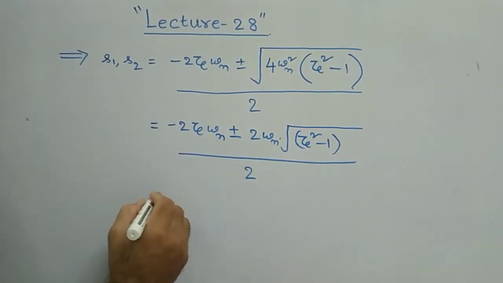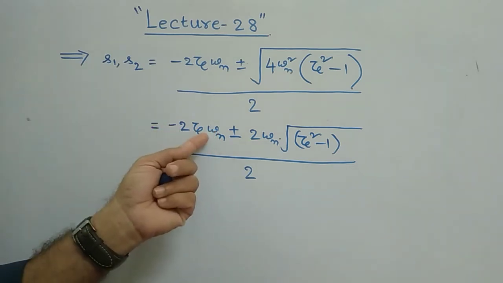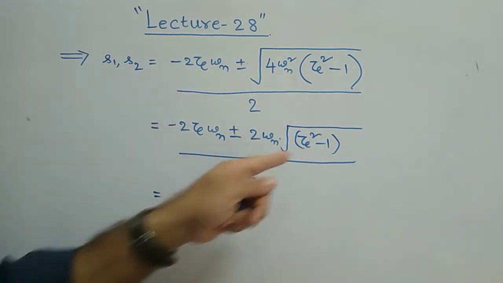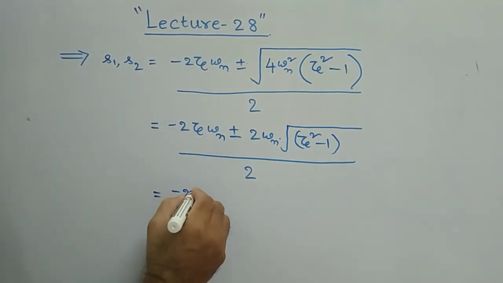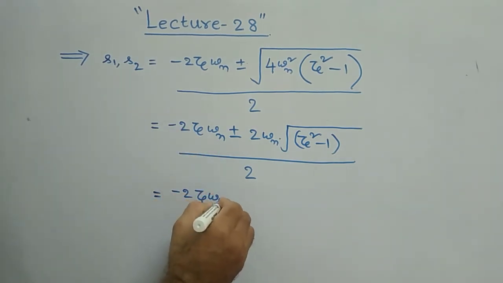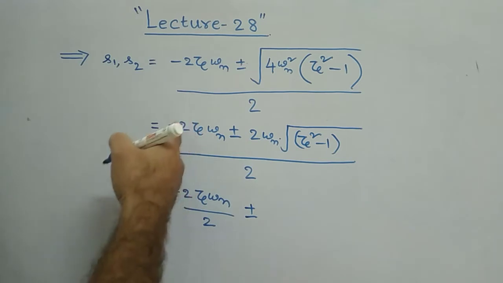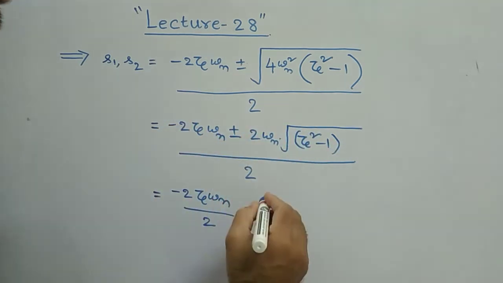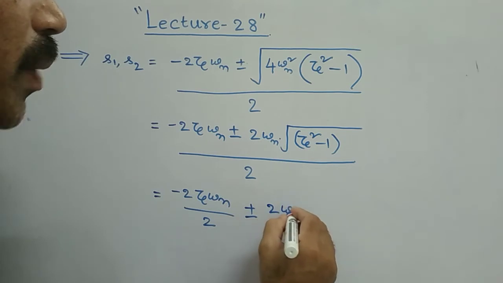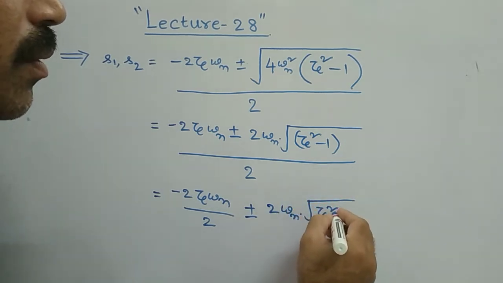And further, you can simplify that. So this is 2 zeta omega n plus or minus this, whole by 2. Now, this could also be written as minus 2 times zeta omega n by 2, plus or minus this entire by 2, meaning 2 omega n into square root of zeta square minus 1 by 2.